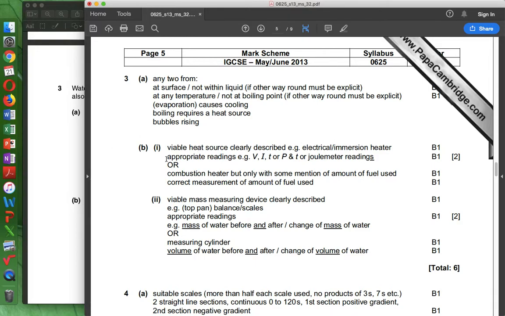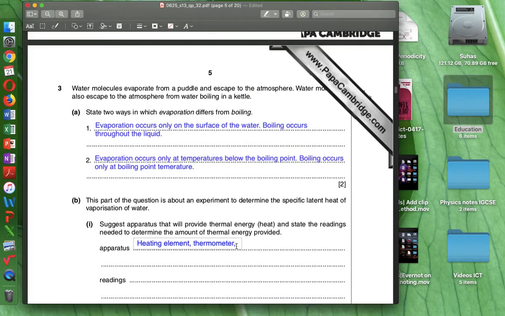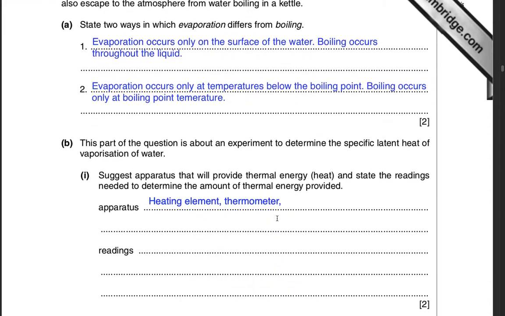Oh, top pan scales. So you need some scales.